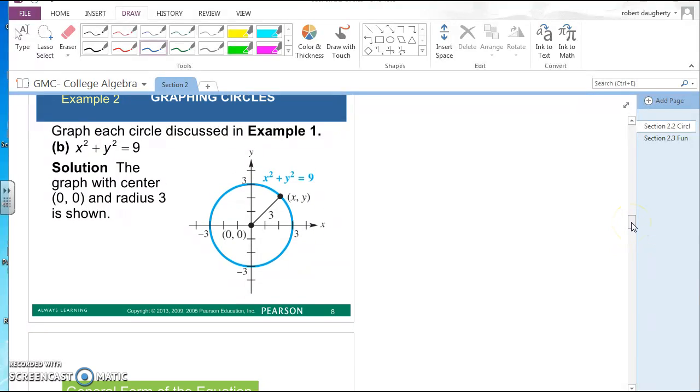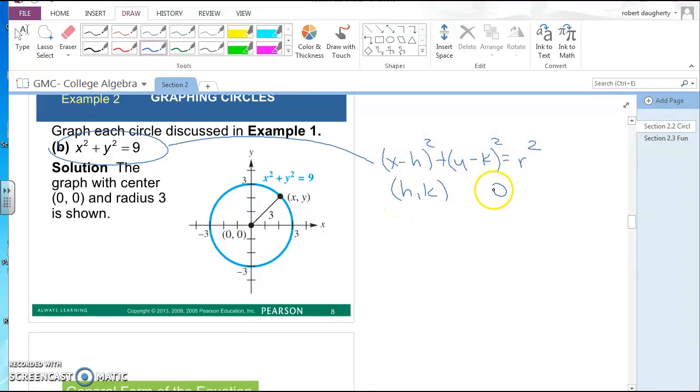Graph the circle that you see here: x² + y² = 9. I guess rather than draw a bad graph, let's just look at the one they have. Remember my form is (x - h)² + (y - k)² = r². Here (h, k), the center, happens to be 0, 0, and the square root of 9 is 3, so r is 3.